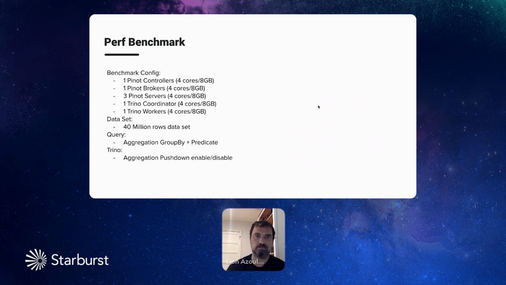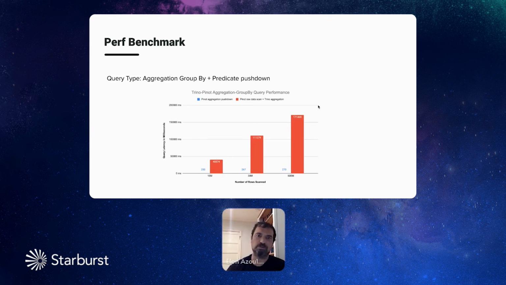Let's see what else. We did a benchmark on a small set of servers just to show the difference between aggregation pushdown enabled and disabled. The servers were small, but we were able to show that if you select count, for example, it'll be a pretty much linear time increase, but with aggregation pushdown, it turns it into a broker query.